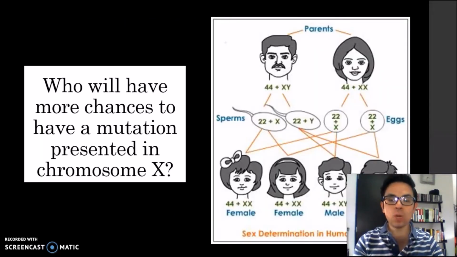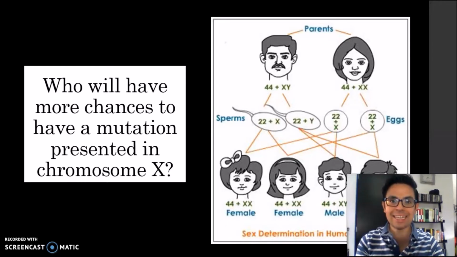Now, who will have more chances to have genetic disorders or sex-linked mutations? If you can see this cross, females will have 2 X chromosomes and boys will have just 1. So in this case, the organism that will be most affected by sex-linked mutations will be the boys. Why? Because we only have 1 X chromosome. The other one must be Y for being males.